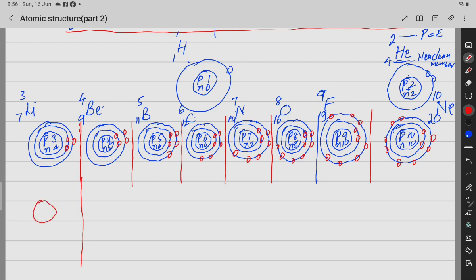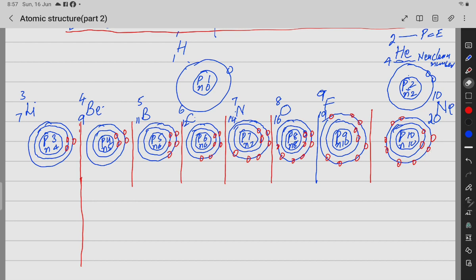Now we have started the third period, and you know that the group number determines the valence shell electrons, and the maximum electrons in the second shell is 8 electrons.